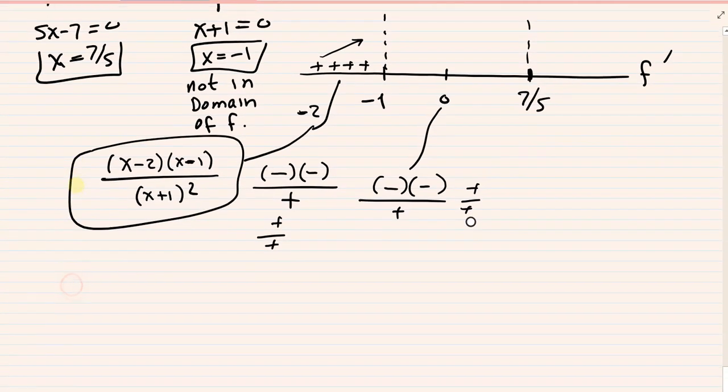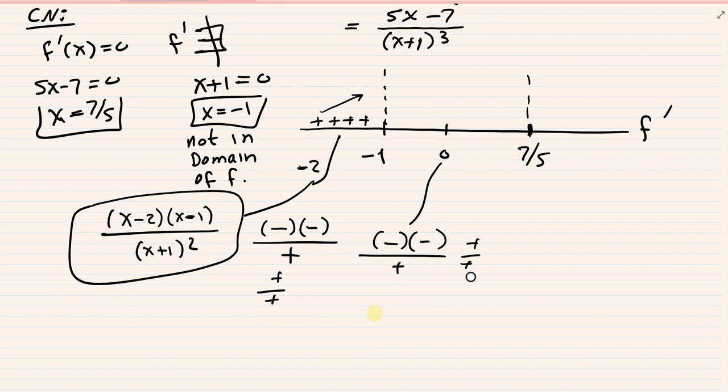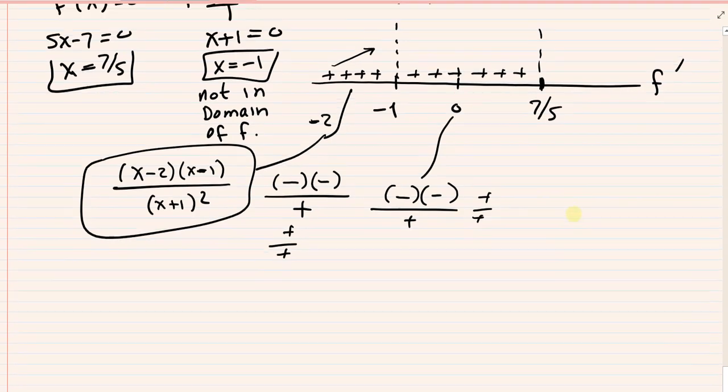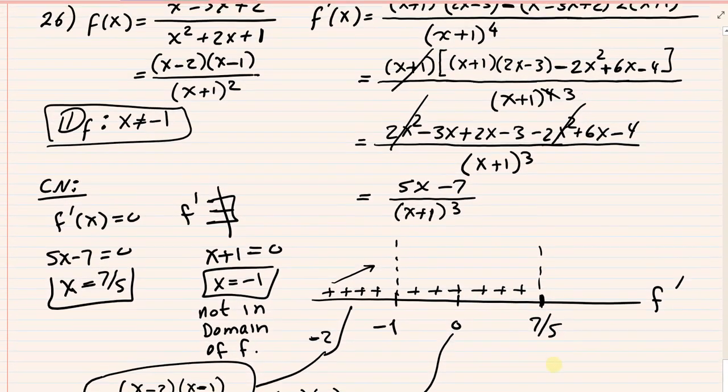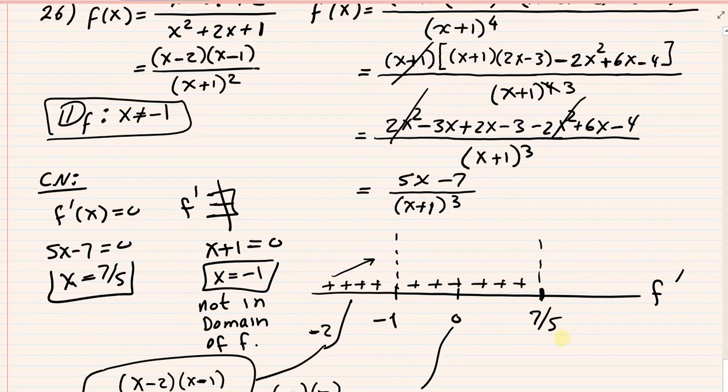Let me make sure I plugged it in correctly. Yeah, it's got to be positive. And then beyond 7/5, you could have also plugged in a 1. At 1 we get 0 actually.